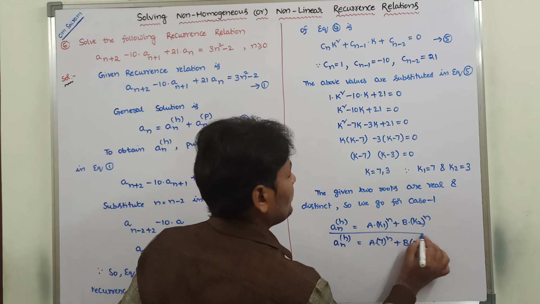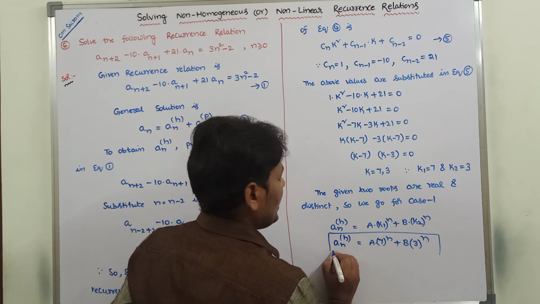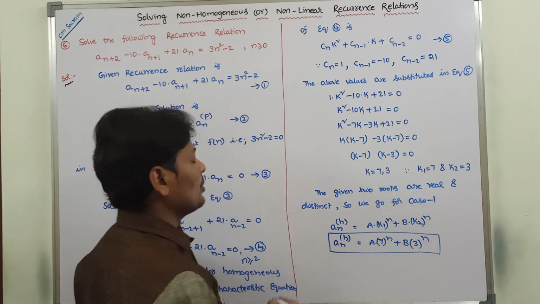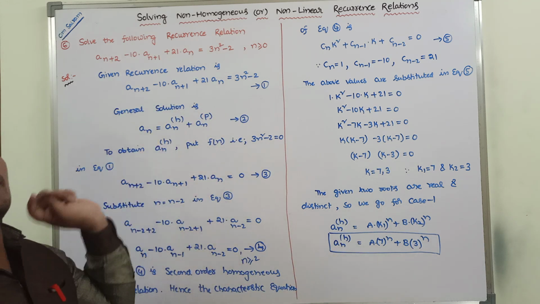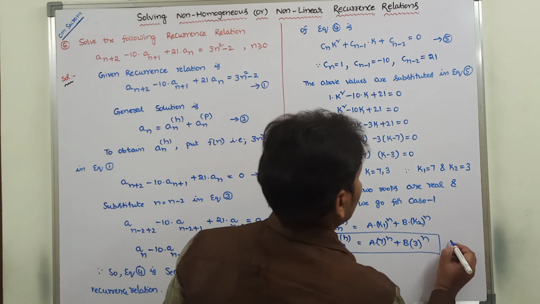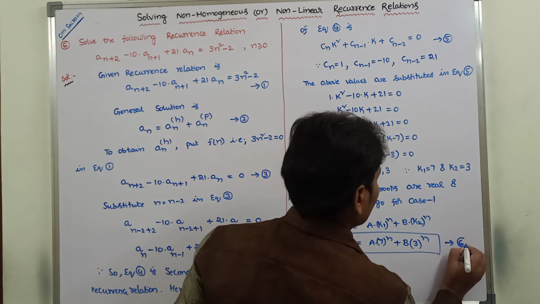So this is the homogeneous recurrence relation solution, that is the a suffix n power h. So this equation can be treated as 6.